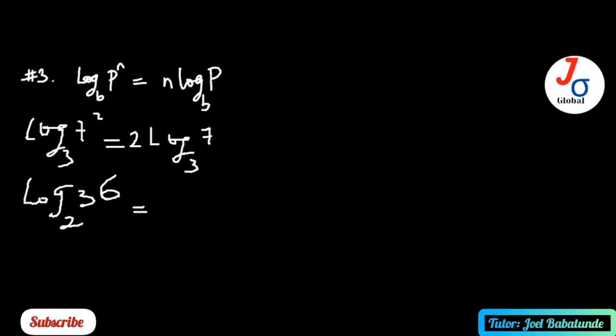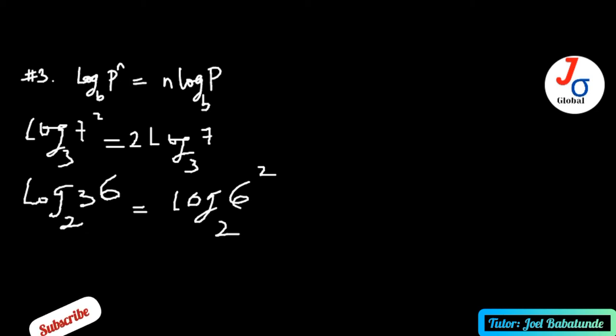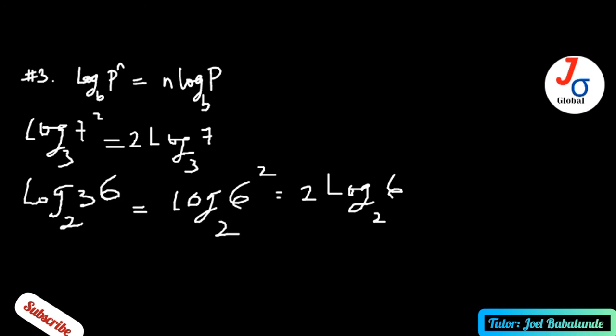You can write log 36 base 2 as log 6 to the power of 2 base 2, because 6 to the power of 2 is actually 36. So I'm going to take this 2 to the front, and then I can write this as 2 log 6 base 2.